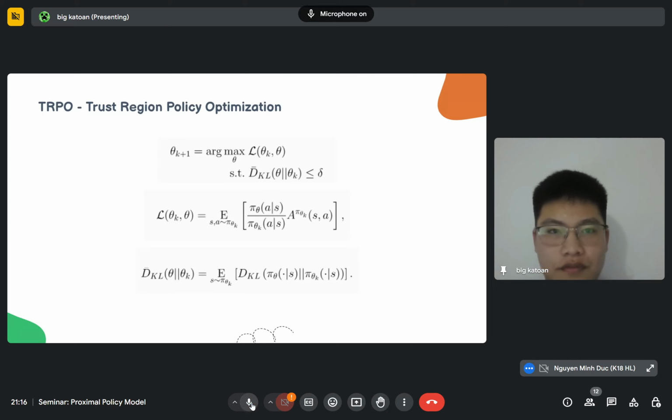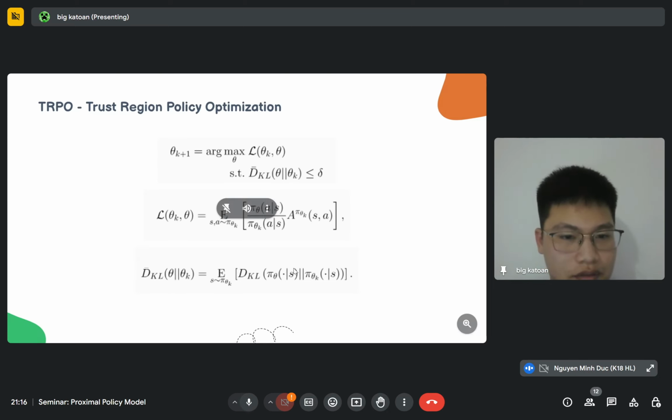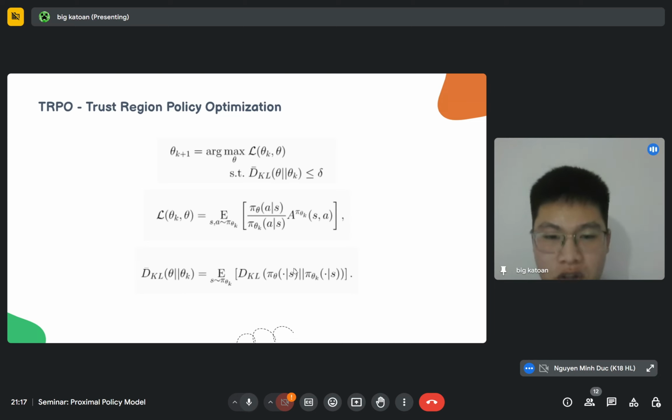I have a question. Theta k is our current model parameter, and theta k plus 1 is the next state. So what is just theta? Theta is the model parameter, not the model.